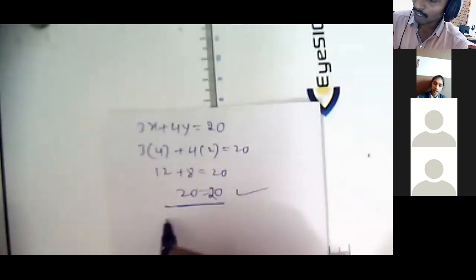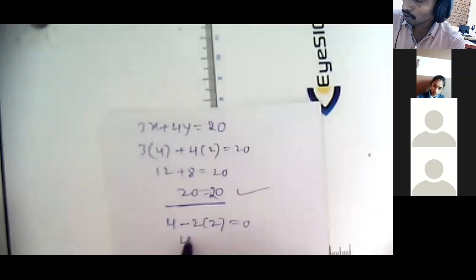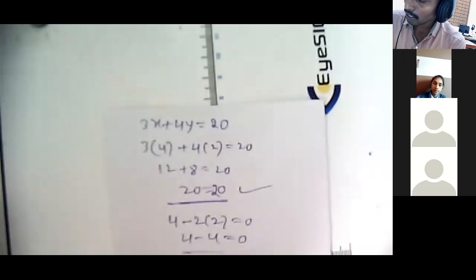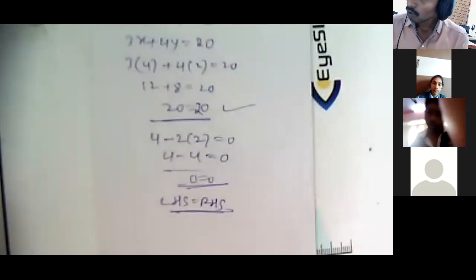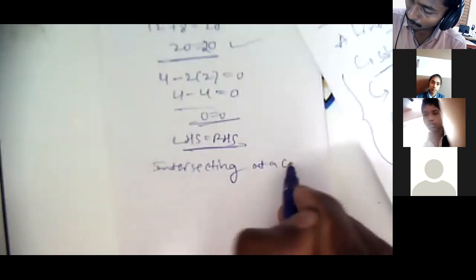Therefore, it is satisfied. In the second equation, x is 4, minus 2 into 2 is equal to 0. 4 minus 4 is equal to 0. Therefore, LHS is equal to RHS. What is the meaning?